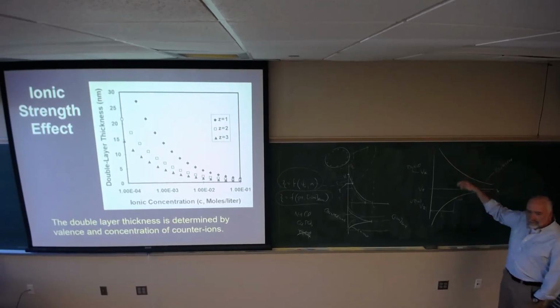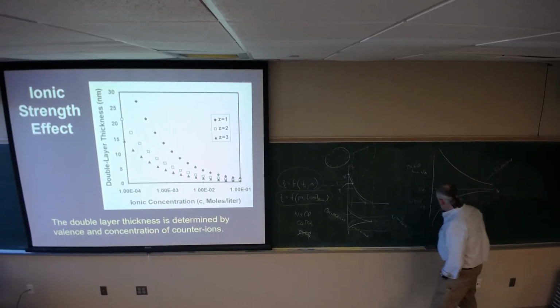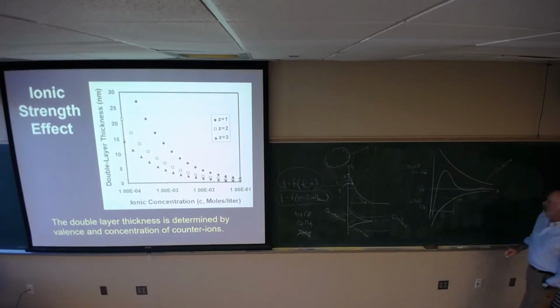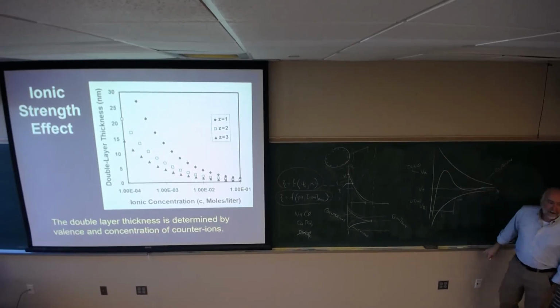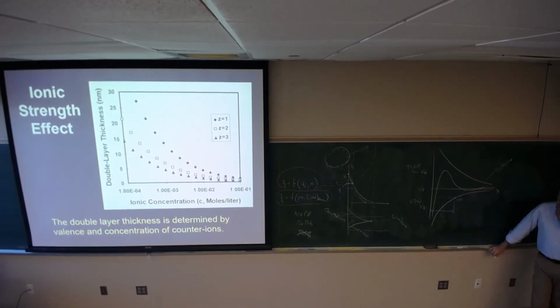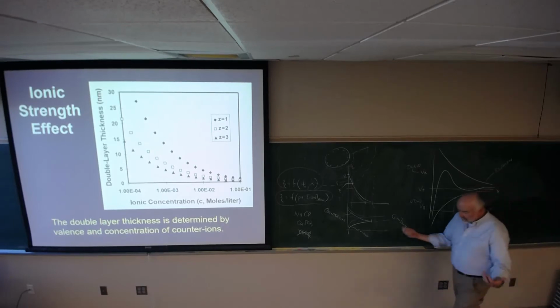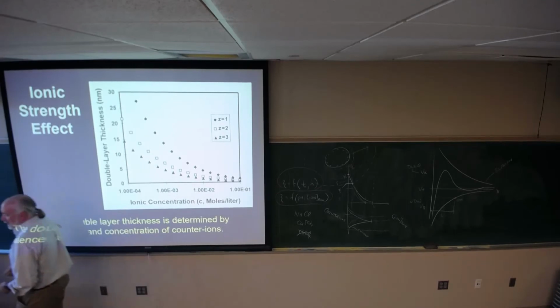When I add these two together, I get a total interaction potential that looks like this. Comes off basically like this. So this is my primary maximum, if you will. This is my secondary minimum. This is my primary minimum. What I have is I've created this electrostatic cushion between the particles to keep them from agglomerating.